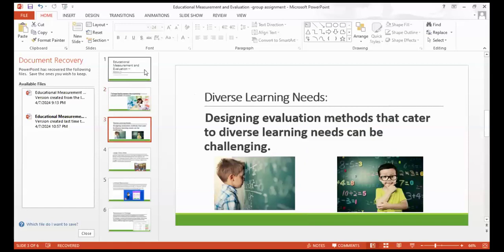Designing evaluation methods that cater to diverse learning needs can be challenging. For example, a teacher may struggle to assess the understanding of complex concepts among students with varying levels of proficiency in the same classroom, because there may be super talented students and lower talented students, with different intelligence levels.